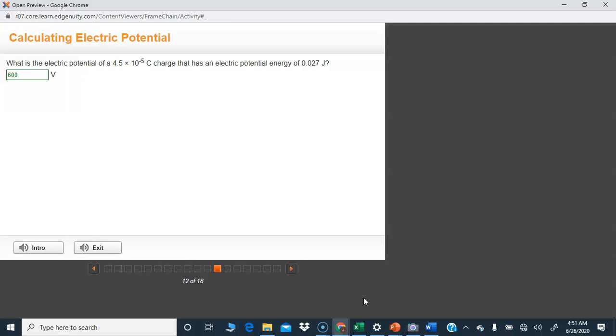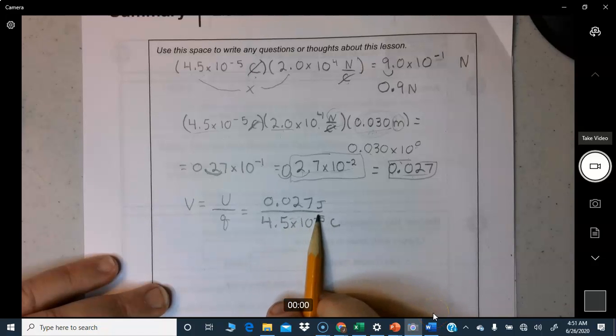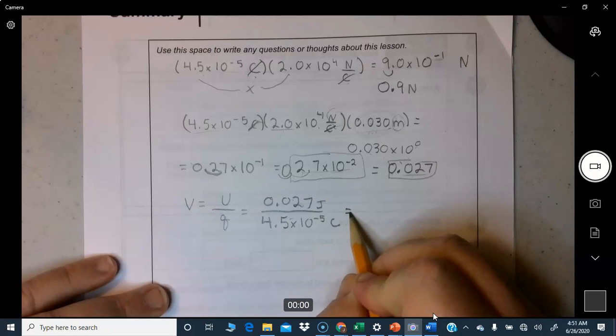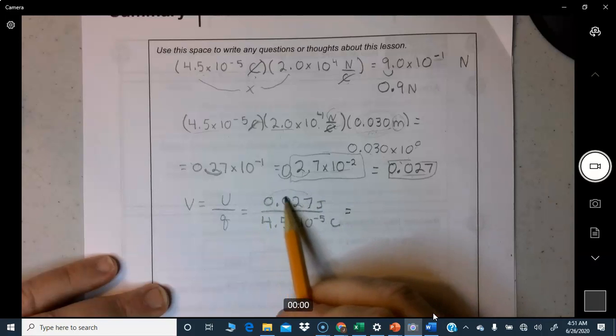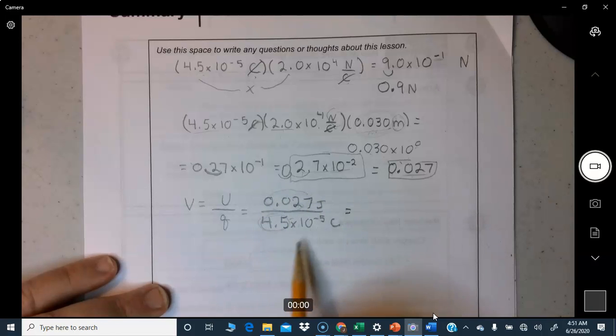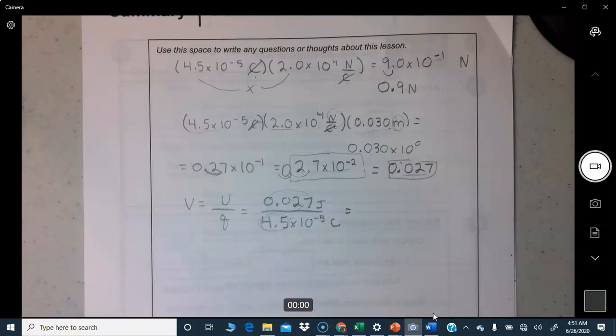So I'm going to go ahead and write that down. Okay, and there I wrote it. So now again, you have a little math problem to do here with scientific notation. So you simply divide this number by this number. And you're going to learn a little trick of scientific notation.